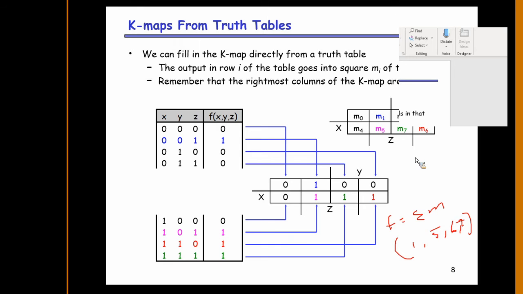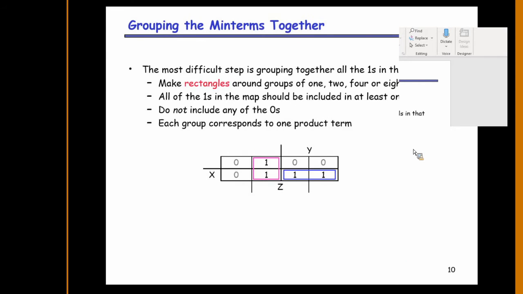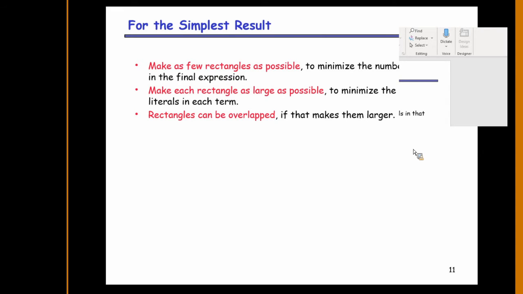That can eliminate a total of 4 variables which are not common for all the 16 minterms, or the Boolean steps. Okay, is it clear? Is it clear, everybody?